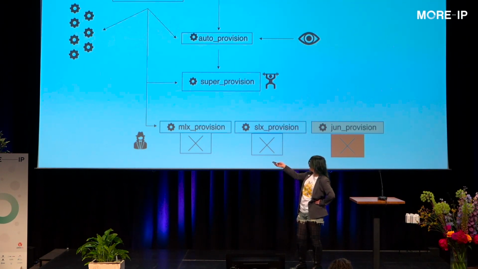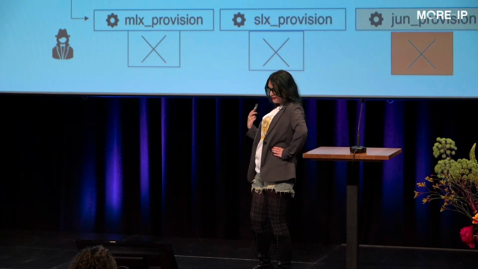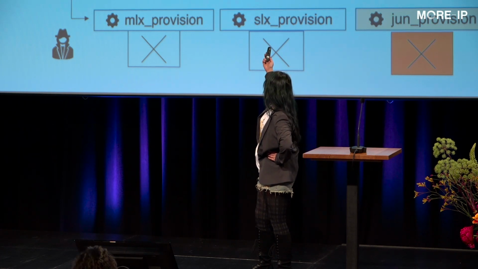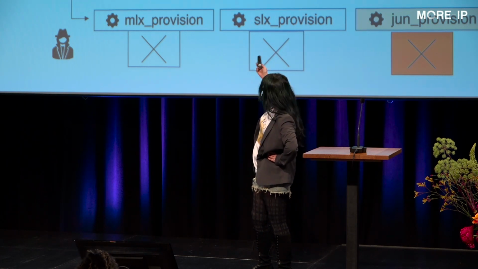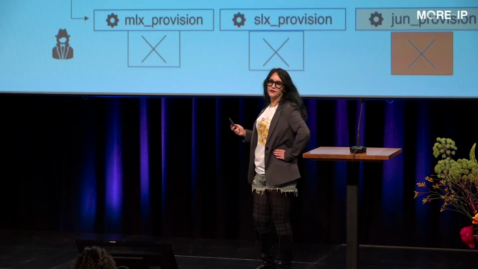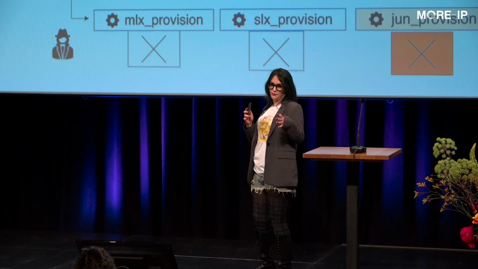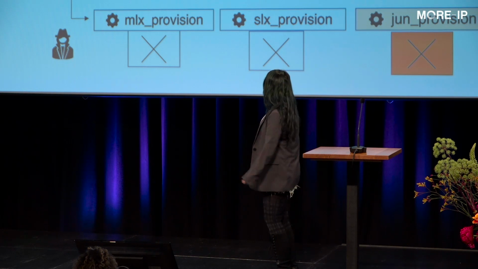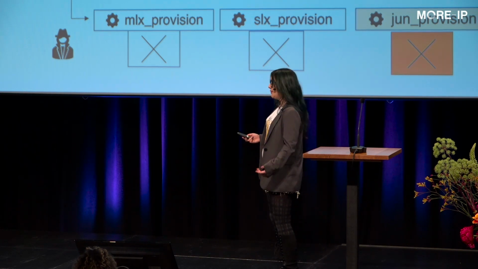So detective me took the conclusions and moved most of this logic to super provision. Instead of just an interface, it started to be really the powerful one. You see how I made it fatter? It is the powerful script which contains all the AMS-IX logic and what we could take in common. So super provision now is hyper-powered.